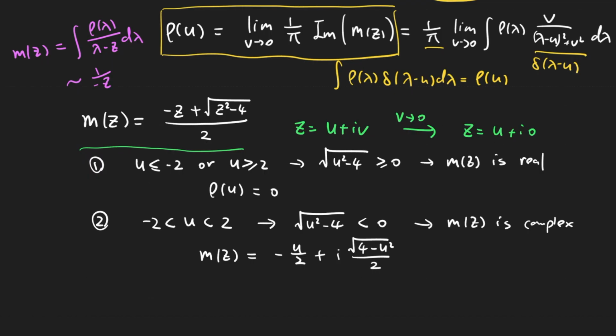Then we can finally obtain the density function rho of u. We grab the imaginary part and divide by pi, so we have the square root of 4 minus u squared over 2 pi.